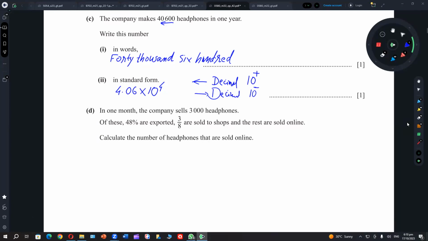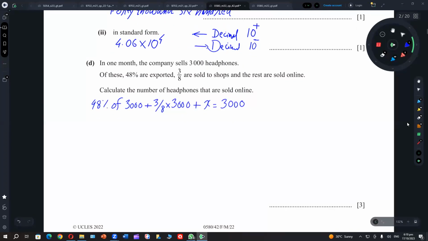So we can make an equation: 48% of 3,000 plus 3/8 of 3,000, and the rest are sold online. Let's say the rest is X and the total is 3,000.